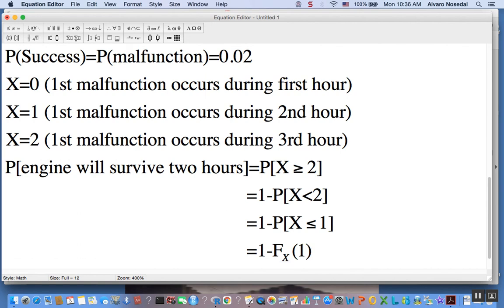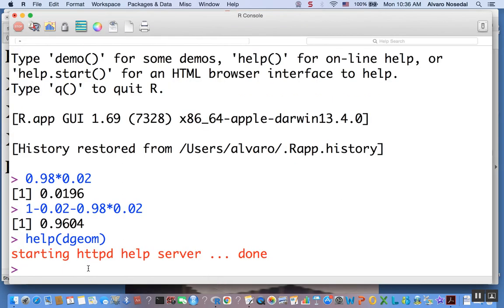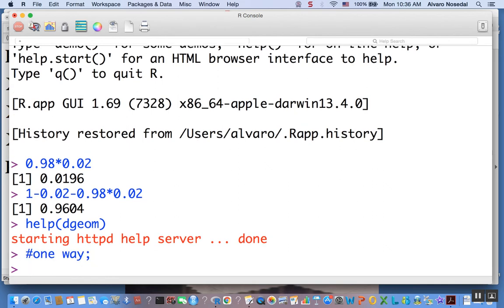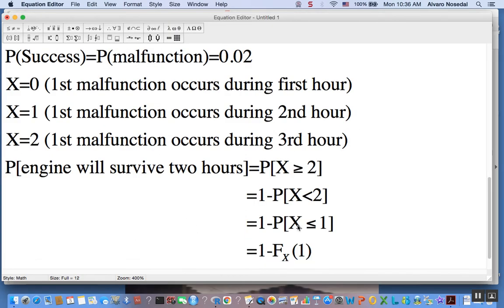So here we go, two ways. One way: we want the probability that x is less than or equal to 1.